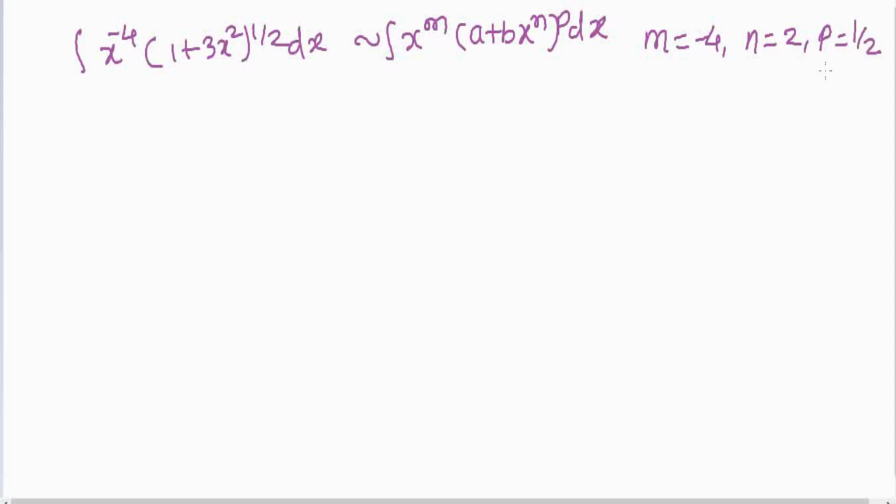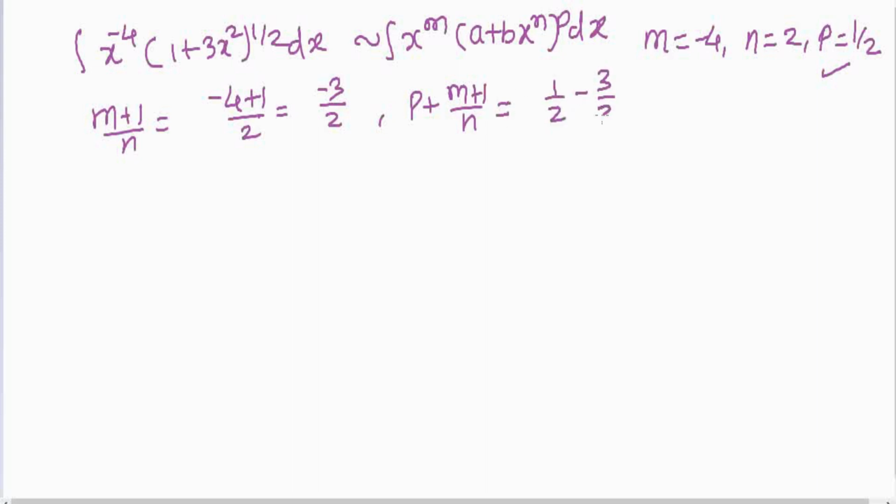P is not integer, so the first case is not possible. (m plus 1) divided by n, (minus 4 plus 1) divided by 2 equal to minus 3 by 2, so it is not an integer. Then p plus (m plus 1) divided by n equal to 1 by 2 minus 3 by 2 equal to minus 2 by 2 equal to minus 1. So we have an integer.